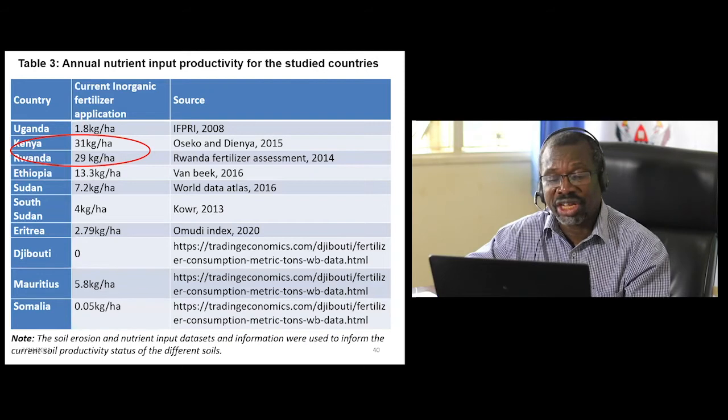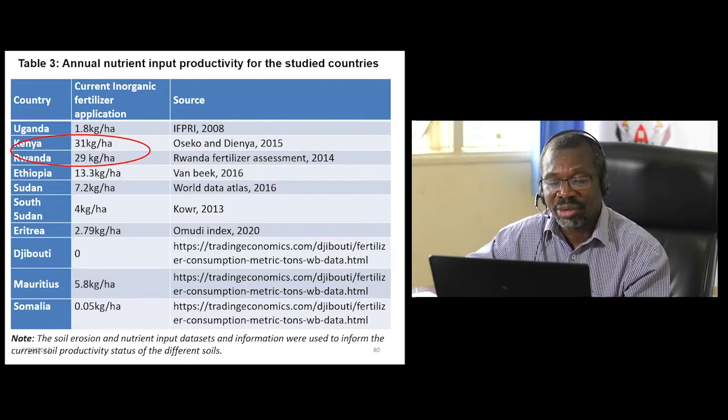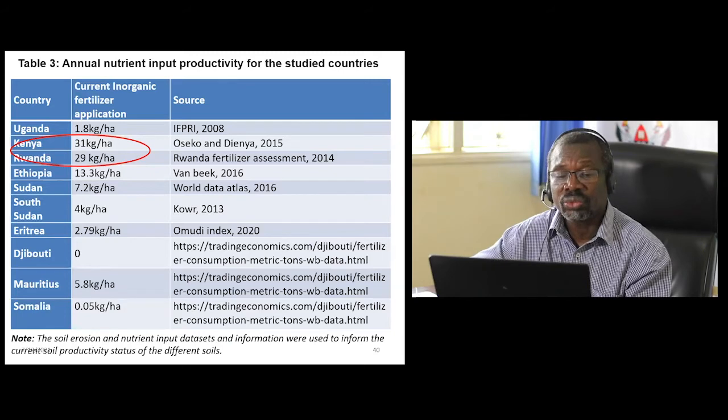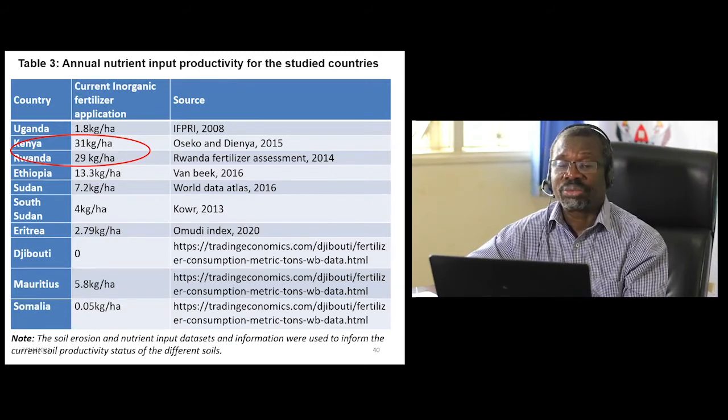But in most countries, the input was just negligible. Though 31 compared to 250 kilograms per hectare also sounds negligible.